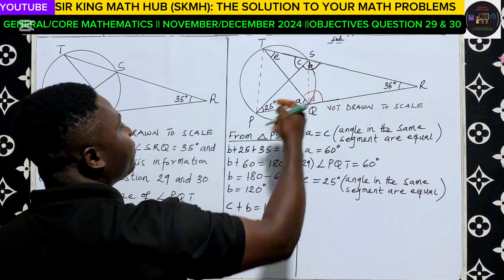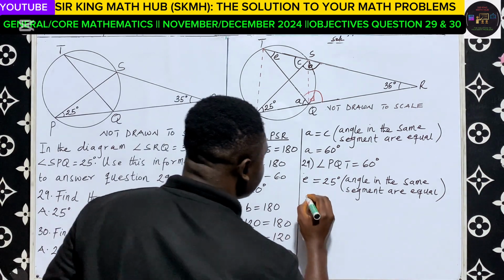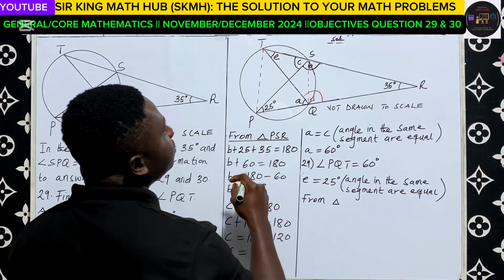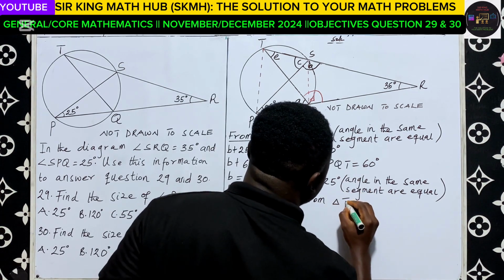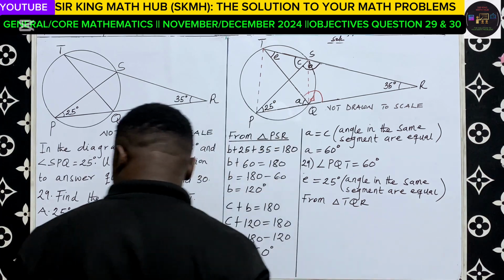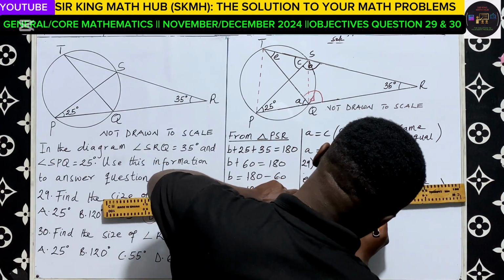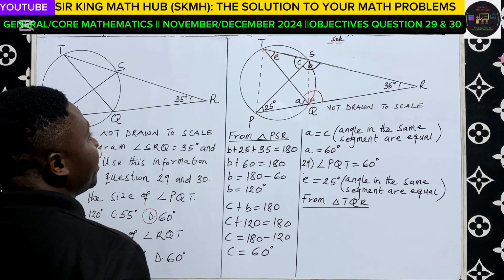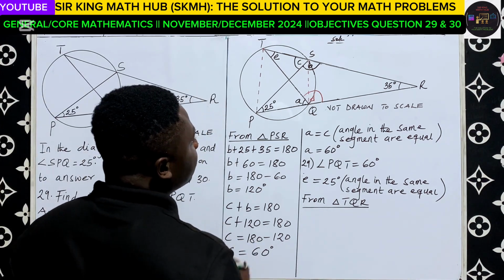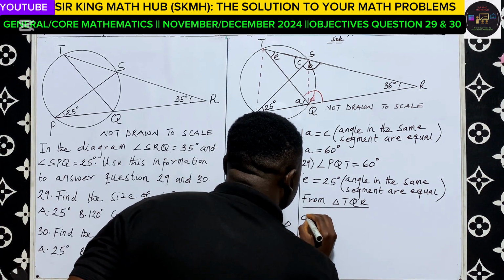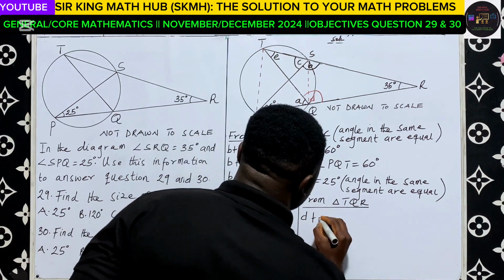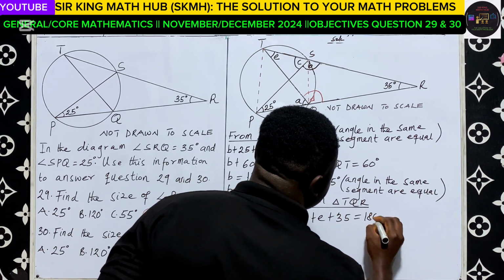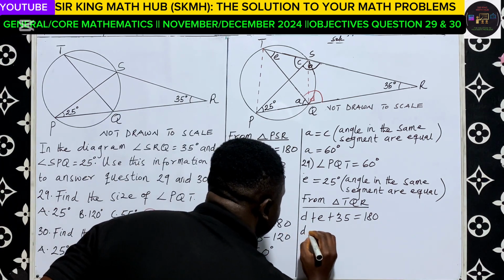So with this, can we solve for D? Yes, we should be able to solve for D. From triangle TQR, the sum of the interior angles of a triangle is 180 degrees. So let's sum up the three interior angles: D plus E plus 35 must be equal to 180. What is the measure of angle E?